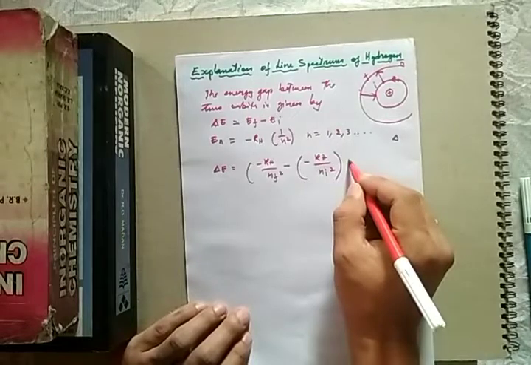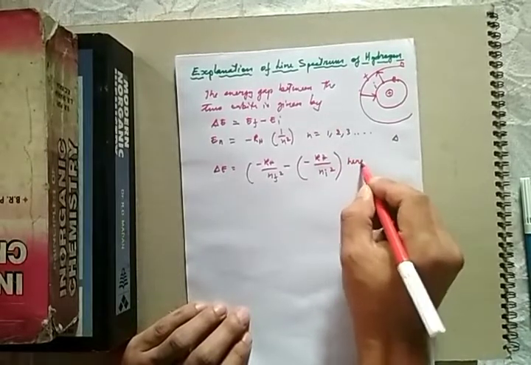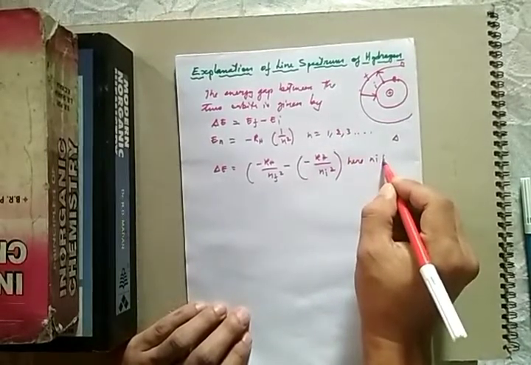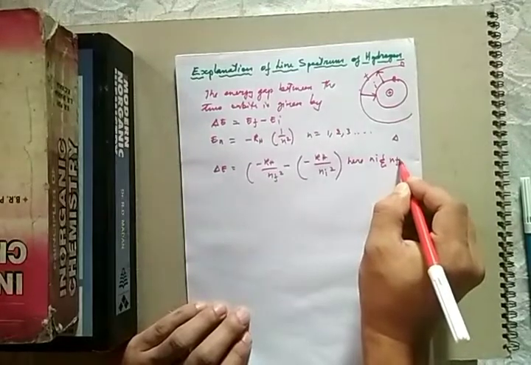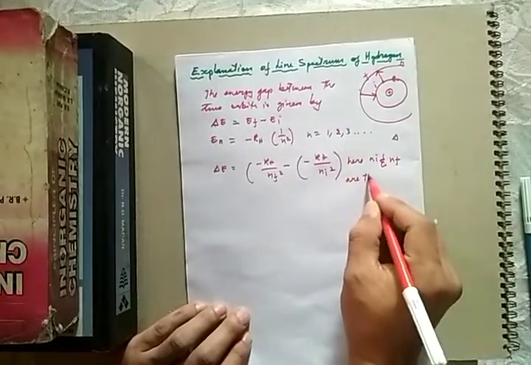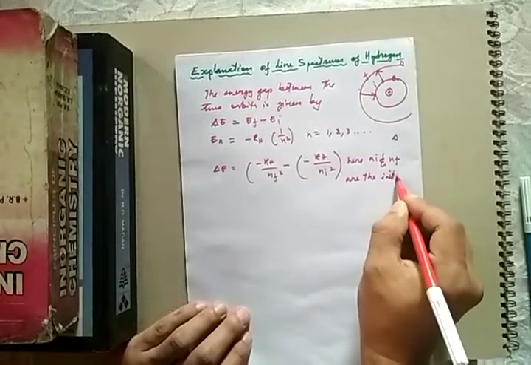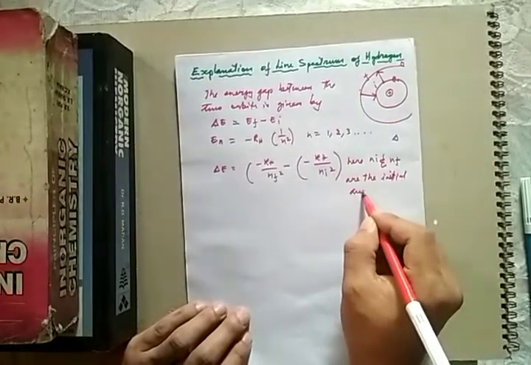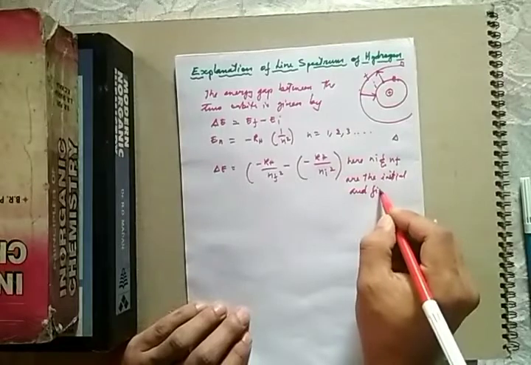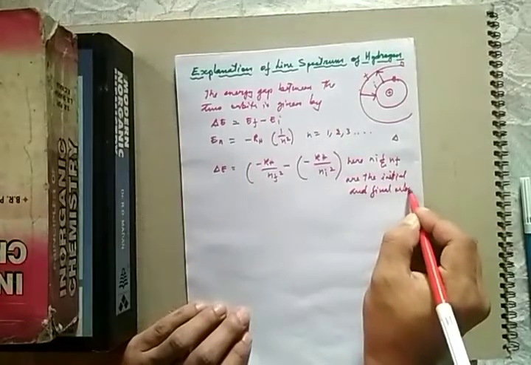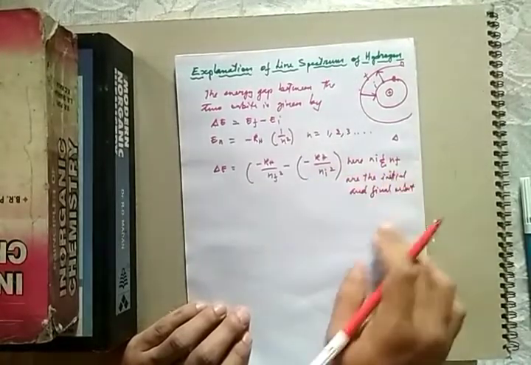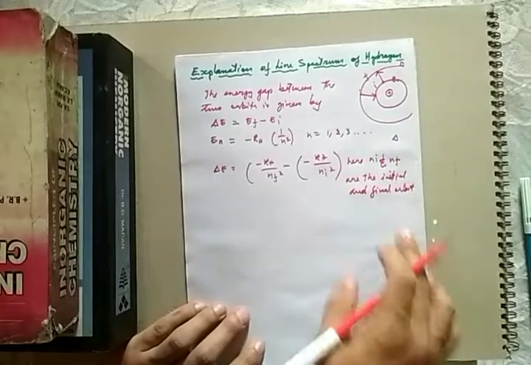Here ni and nf are the initial and final orbits.